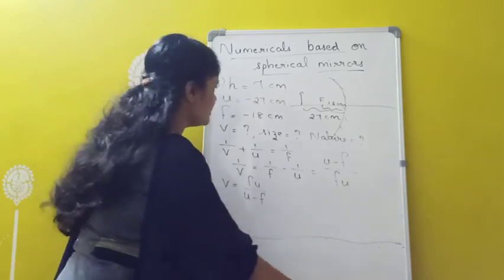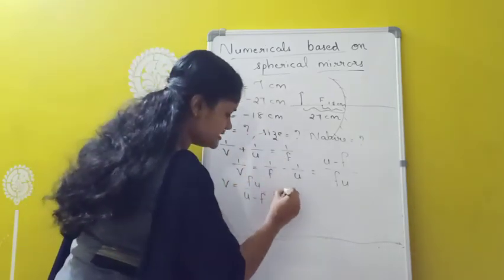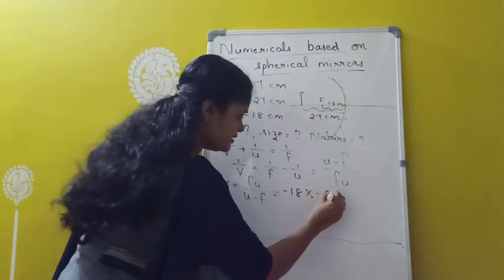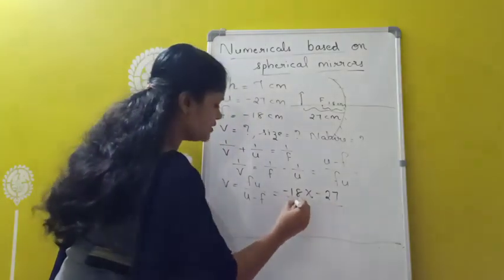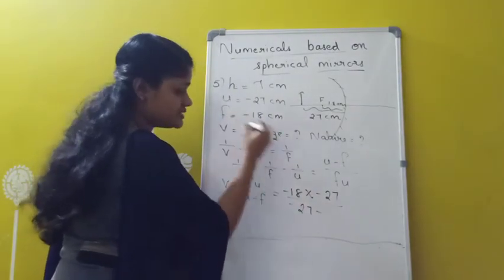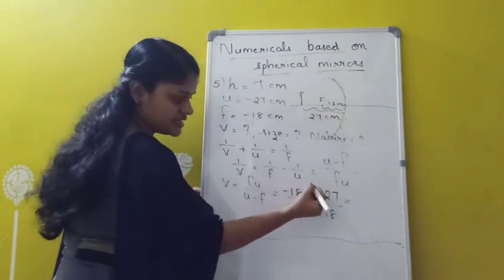Substituting, f is how much? Minus 18. So minus 18 into u, which is minus 27, divided by, again u is minus 27, minus f is minus 18. So minus minus becomes plus 18, since minus into minus becomes plus.